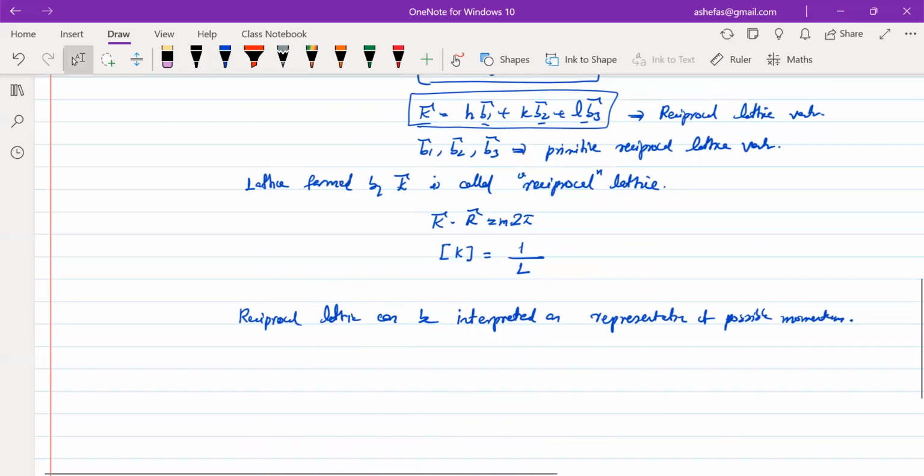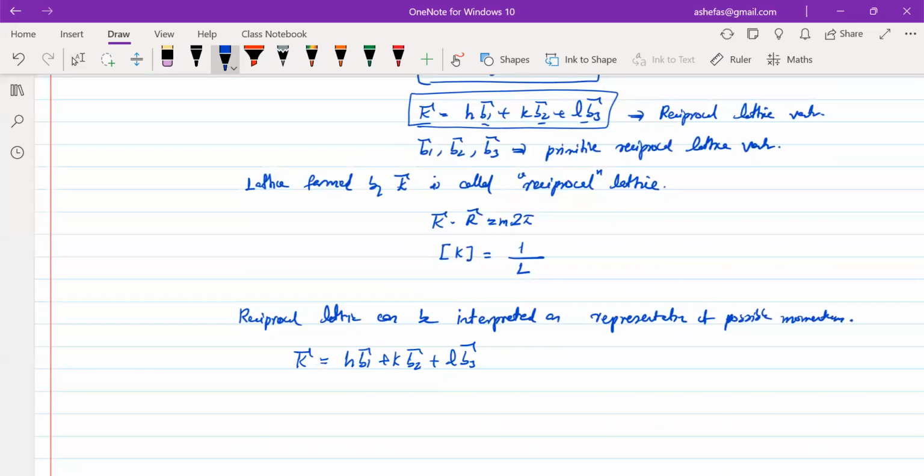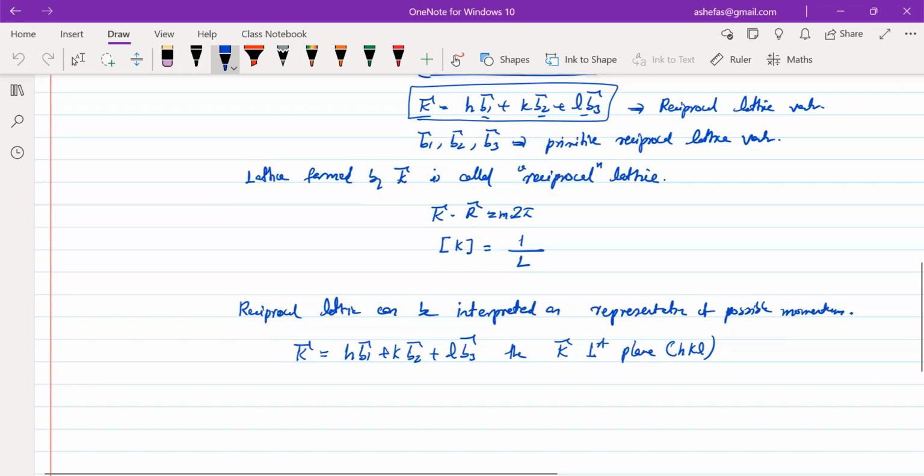And there is one more thing. If you write the vector k, called the reciprocal lattice vector, as h b1 plus k b2 plus l b3, then this k is perpendicular to the plane hkl. Finally, we have to add a few more points.